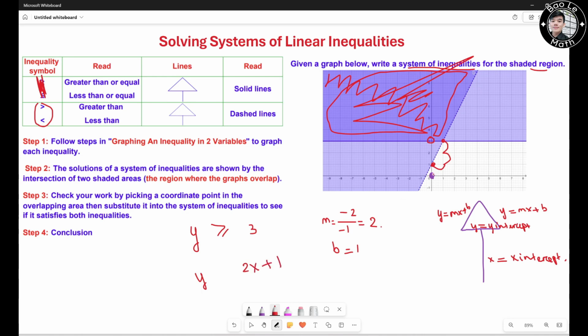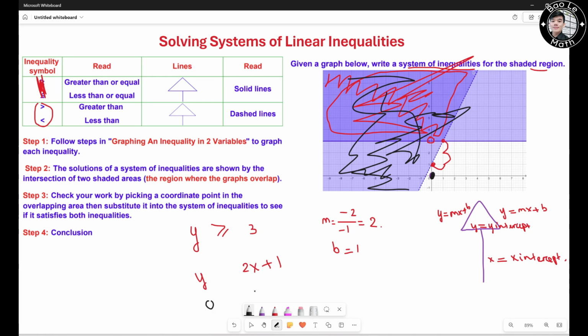Now I need to pick the point 0, 0. You look at the point 0, 0, it stays outside the shaded region. Actually, they shade everything to the left-hand side right here. Okay? So the point 0, 0 makes the inequality false, and then you shade the opposite, right? So I substitute the point 0, 0 into this one right here.